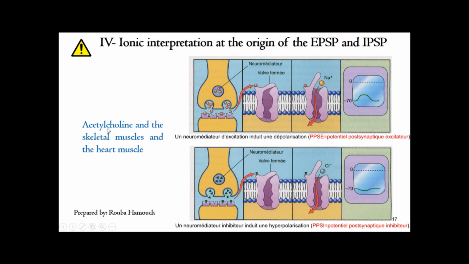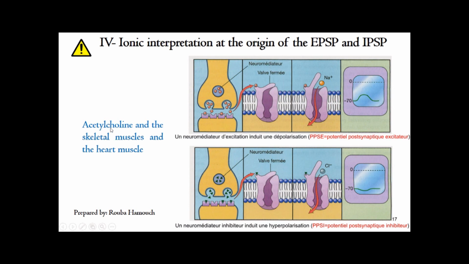Acetylcholine is an example of a neurotransmitter which is at the same time an inhibitory and an excitatory neurotransmitter. Acetylcholine is found in the neuromuscular junctions. At the level of the skeletal voluntary muscles, acetylcholine causes the contraction of the muscle.